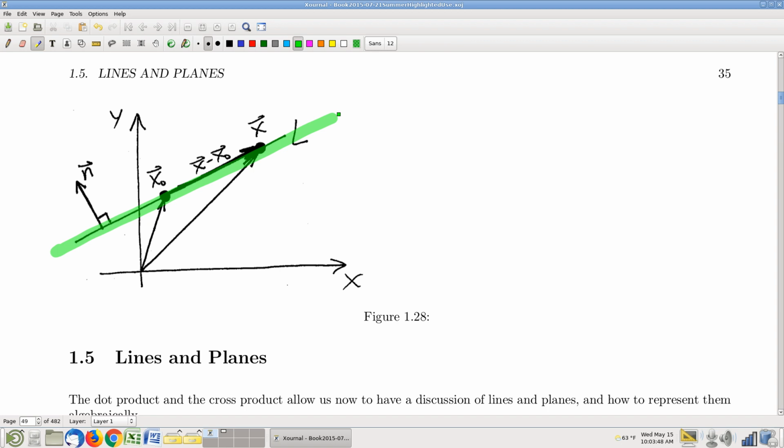And what I'm going to tell you about this line are two things. I'm going to tell you a point on the line. So point, right? If you want to think of it as a vector, you can think of it as that position vector. And then I'm also going to tell you another vector. That vector being a perpendicular vector.